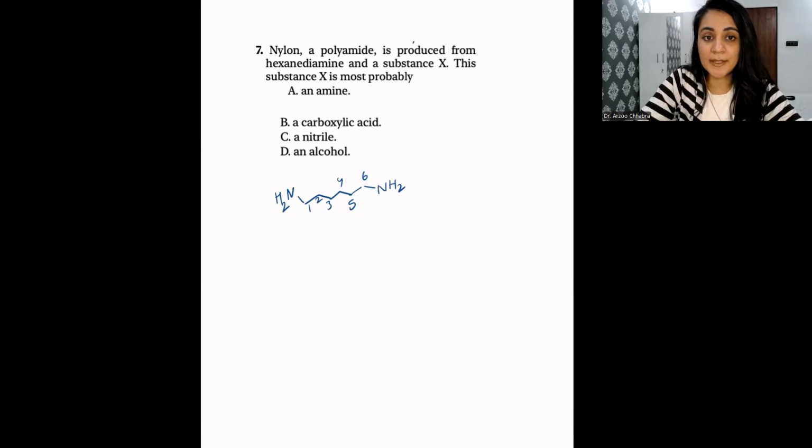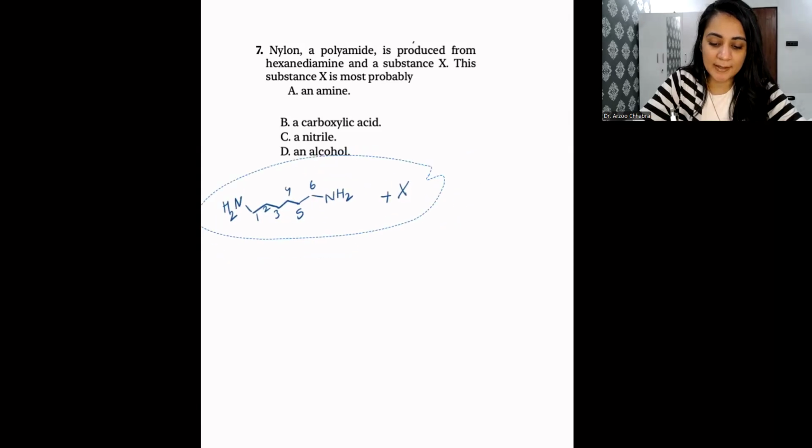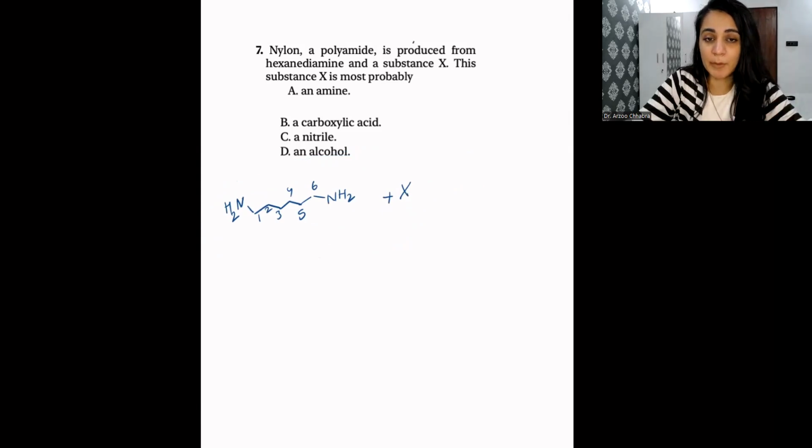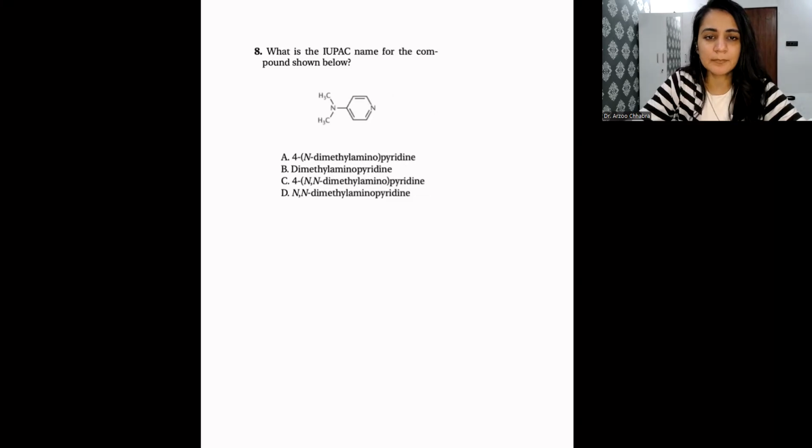So they're producing nylon from the starting material and reacting that with a substance X. And so the substance X is most probably what? If you really think about what nylon is, right? Nylon is an amide, right? And an amide is usually formed by an amine and a carboxylic acid. So option B then is the correct answer.